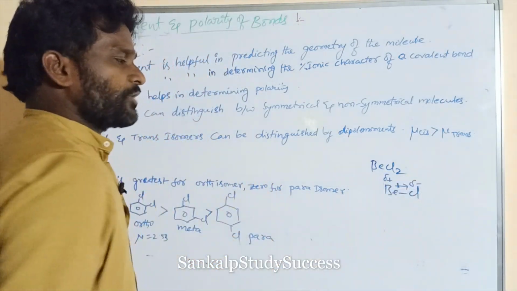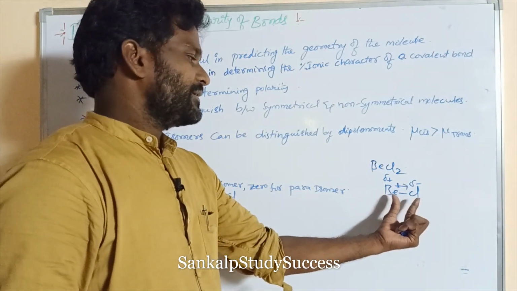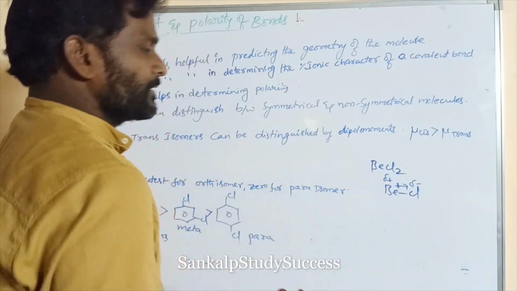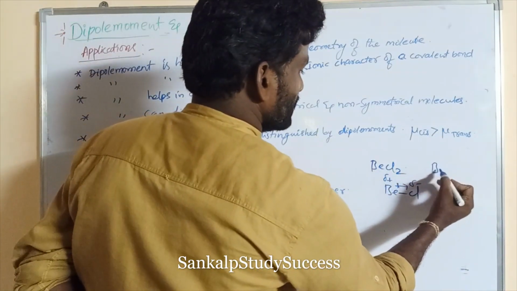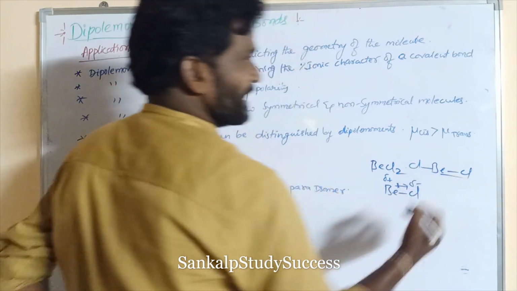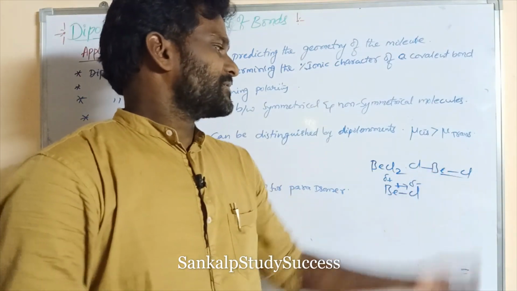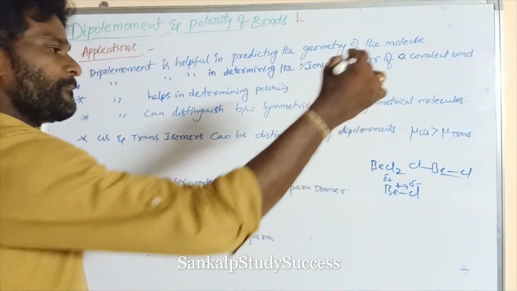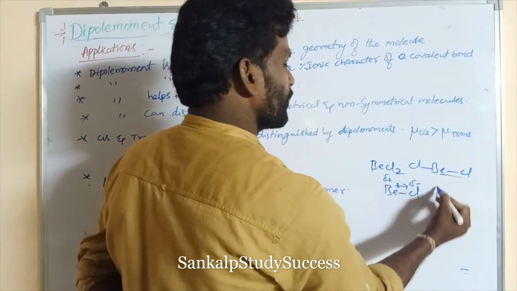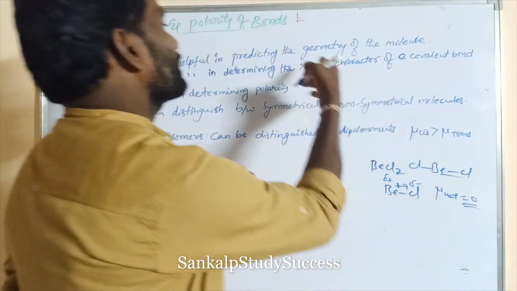Each Be-Cl bond has a dipole moment. Since the molecule has linear symmetry, its net dipole moment is 0. So its shape is linear.